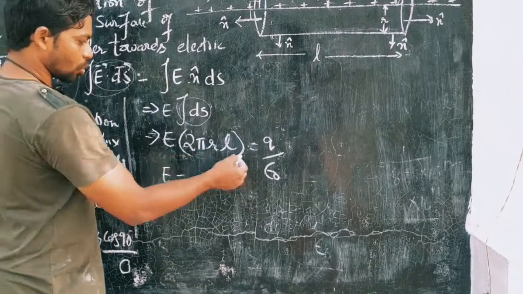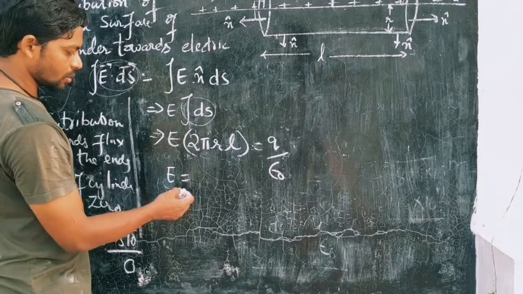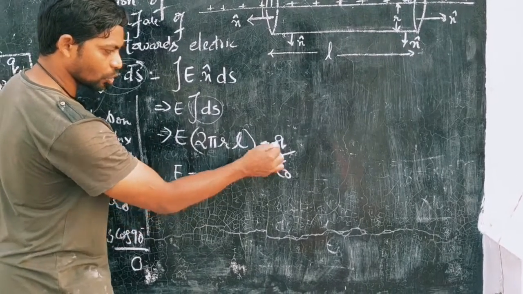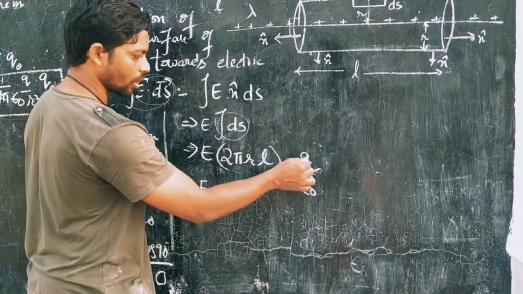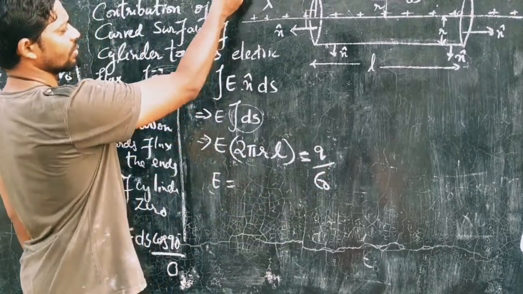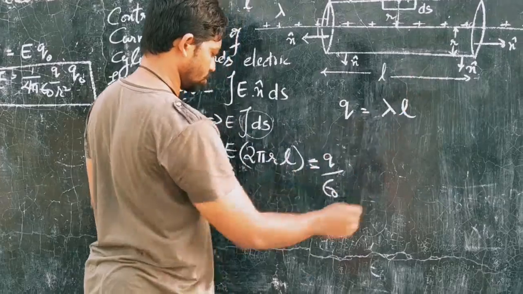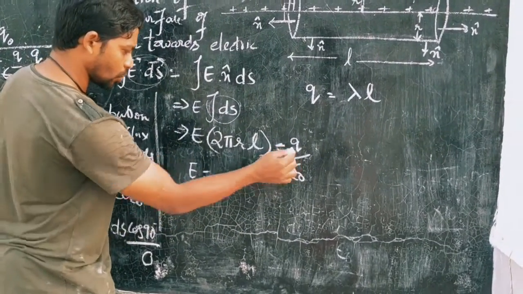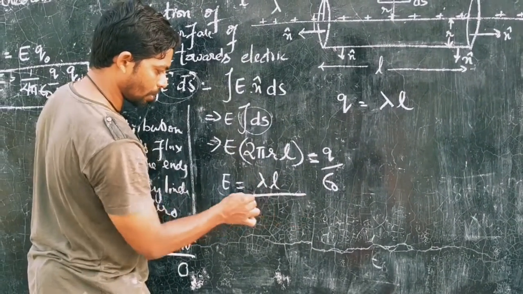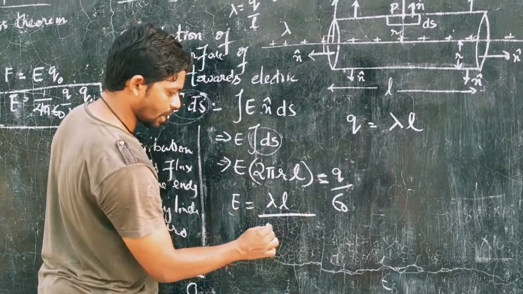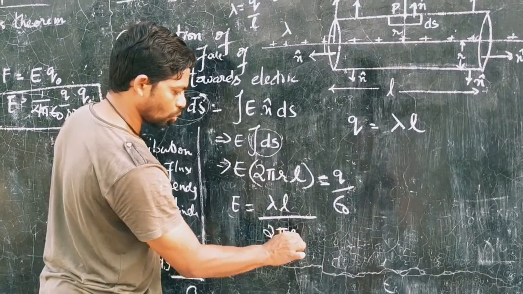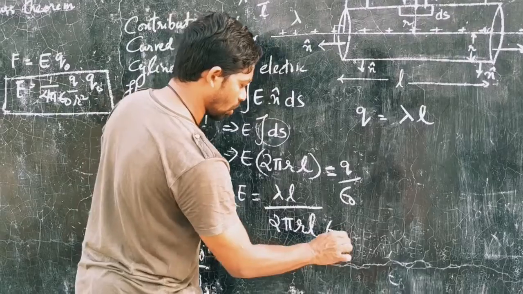So now this total electric flux value is equal to q by epsilon naught. We know q is given by lambda L, so we substitute that here. Q value is lambda L, and we bring the denominator down as 2 pi r L epsilon naught.